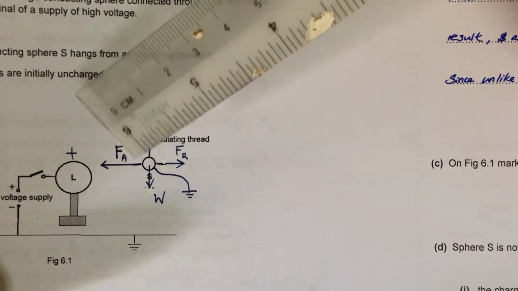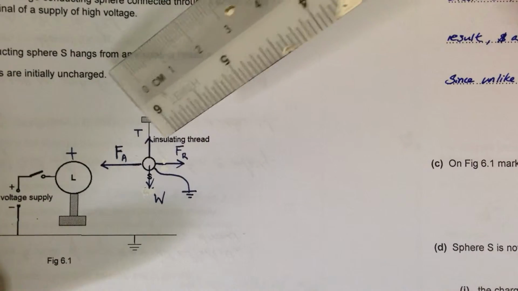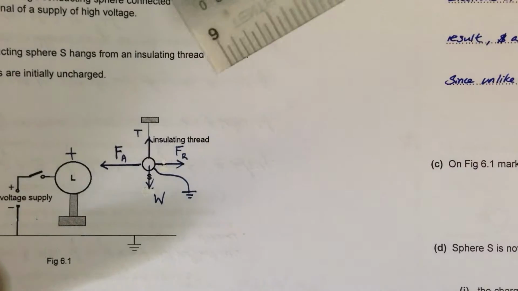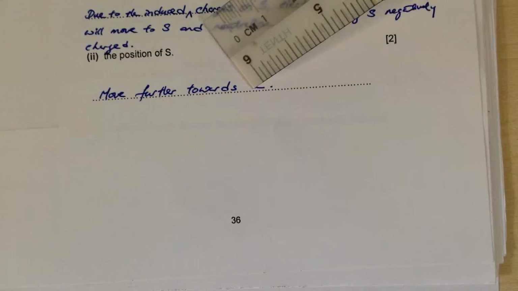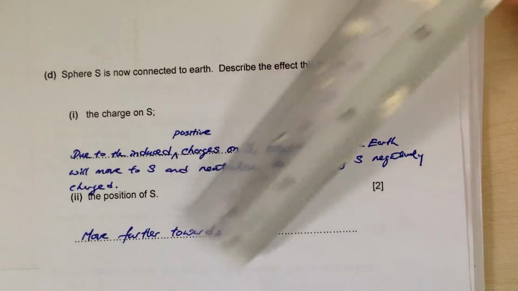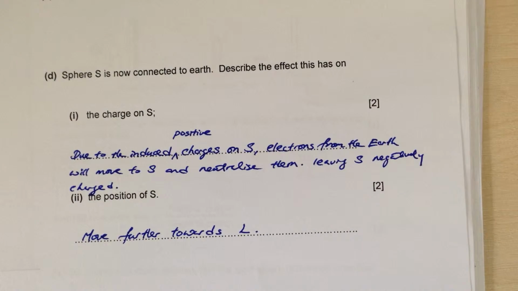So now S actually has more charges because of the earth wire, then the force of attraction will be even more, okay, because now more electrons. So therefore it will move further towards L. Okay, and since the question only asks you to describe the effect, you do not need to explain. You just need to tell them that, okay, now the deflection towards L will be greater.